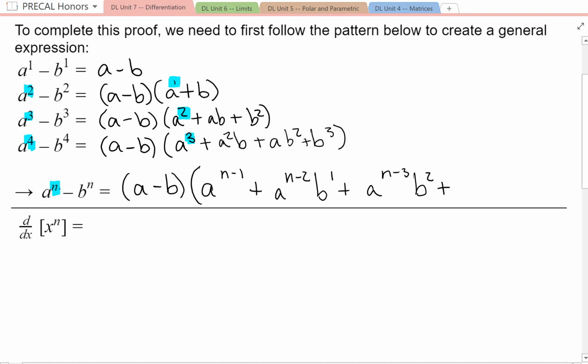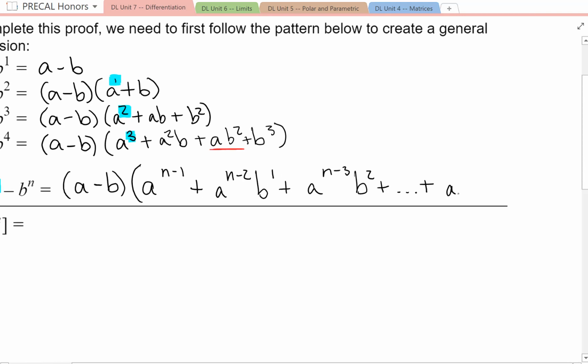This n could be a to the 100 minus b to the 100. Yikes. So we'll put plus dot dot dot plus. This is the actual notation for it. You put plus dot dot dot plus, and then the form your final term or your final two terms will take.